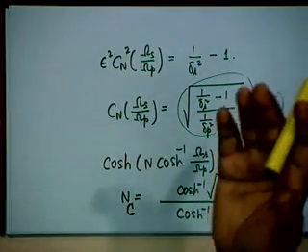Log is available on the calculator, cos inverse is not available in all calculators, and therefore, for computing cos inverse you shall have to use a log table, or a mathematical handbook. Some computers have cos inverse, but this is the formula.